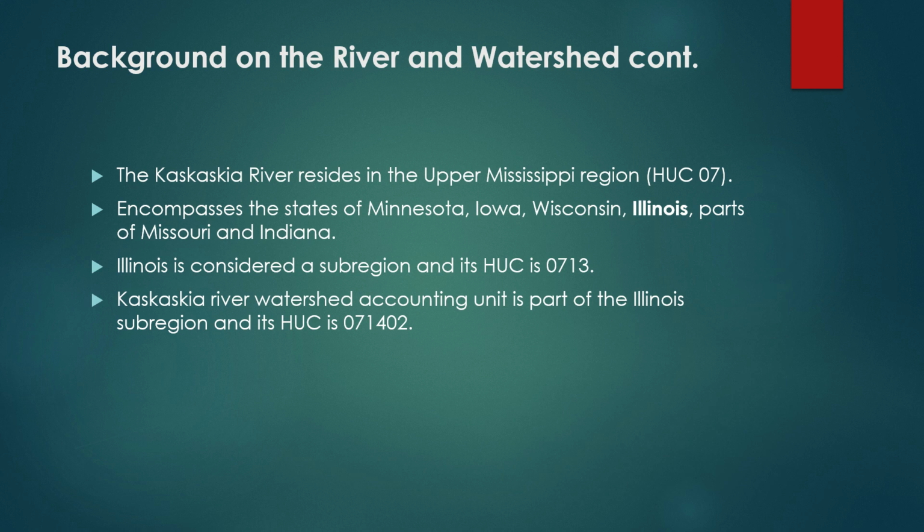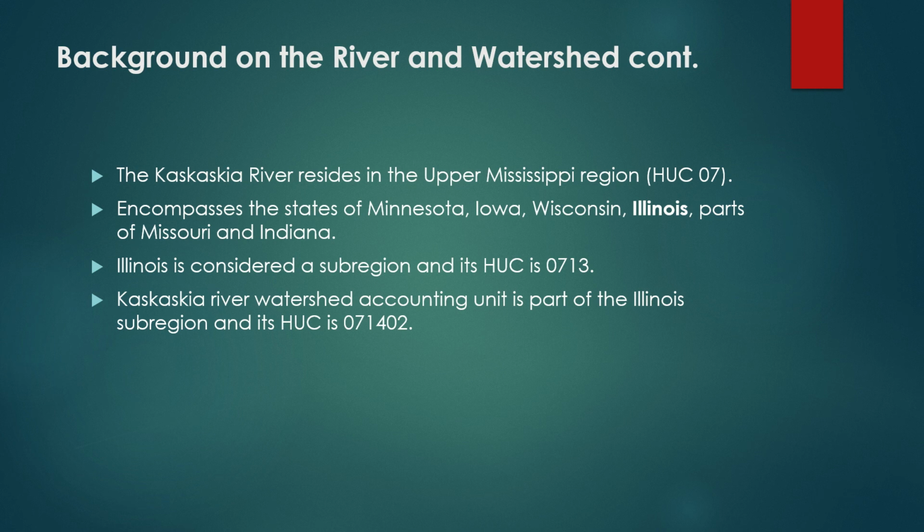So looking at the hydrologic categorization of where Kaskaskia sits in that cataloging process. The Kaskaskia River resides in the upper Mississippi region, which has an HUC of 7 and encompasses the states of Minnesota, Iowa, Wisconsin, Illinois, parts of Missouri, and Indiana.